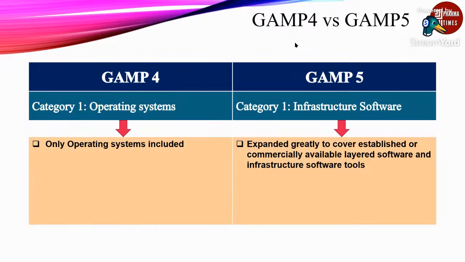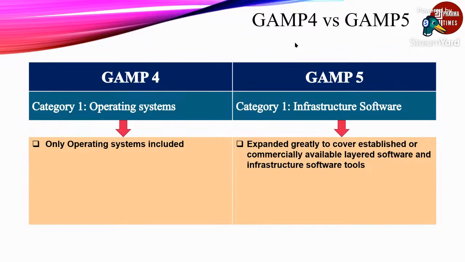Some examples of GAMP 5 category 1 are programming languages like Java, operating systems like Windows XP and Windows 10, firewalls and antivirus. These are trustable software, which we use in our daily routine life.